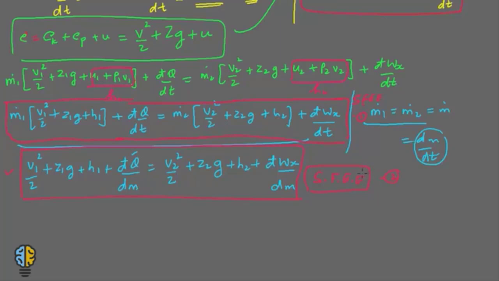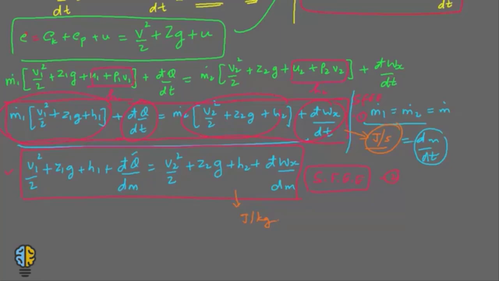Now in SFEE 1, all the terms represent energy flow per unit time, so in this particular equation all the terms are in joules per second or kilojoules per second. But in SFEE 2, all the terms represent energy flow per unit mass of fluid, so that would be joules per kg.